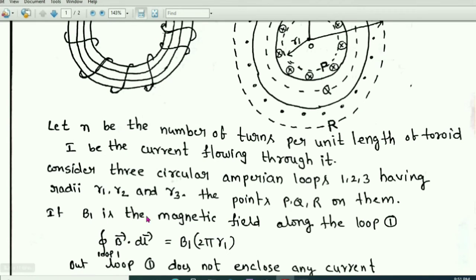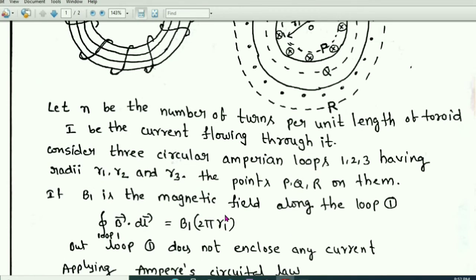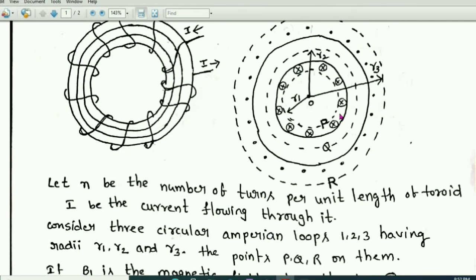So B1 is the magnetic field along the loop 1. Now according to Ampere circuital law, the closed integral of B bar dot dl bar, we are applying for the loop 1. Along the loop 1, the magnetic field is B1 and dl is the small length element.